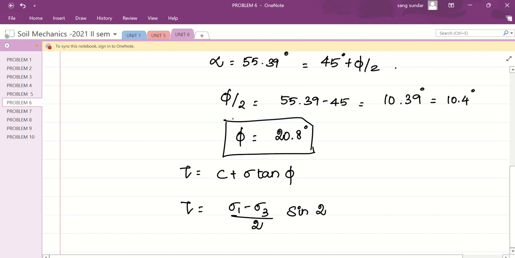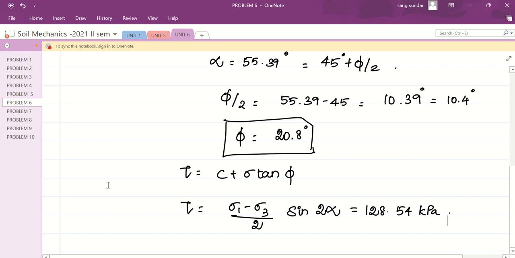Now our theta is 45 degree plus phi by 2, which is alpha. So sine 2 alpha. Once you substitute the values for sigma 1, sigma 3 and alpha, you will get tau as 128.54 kPa.